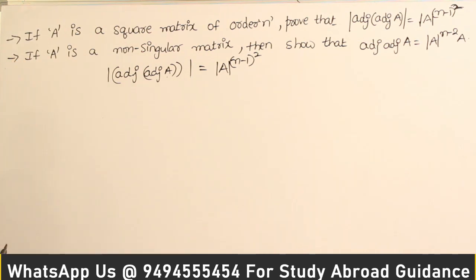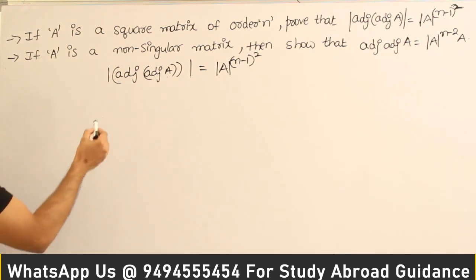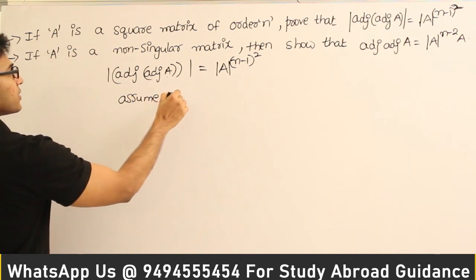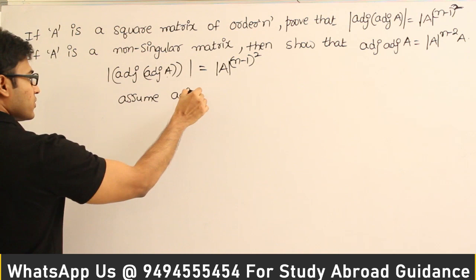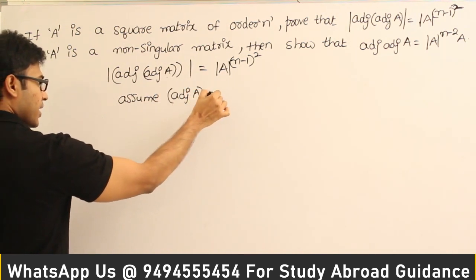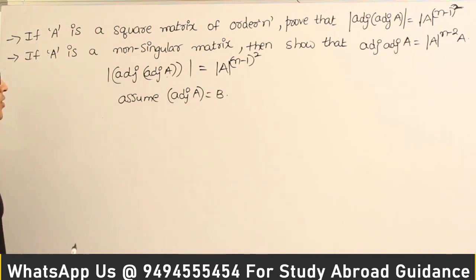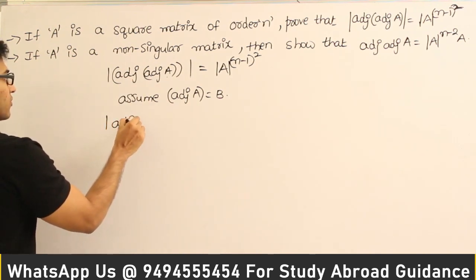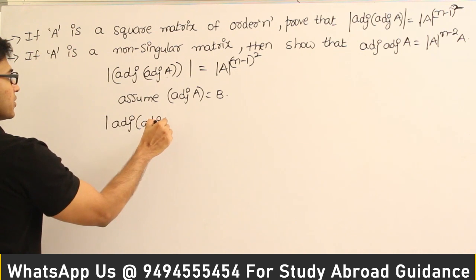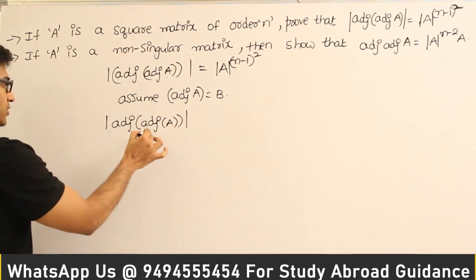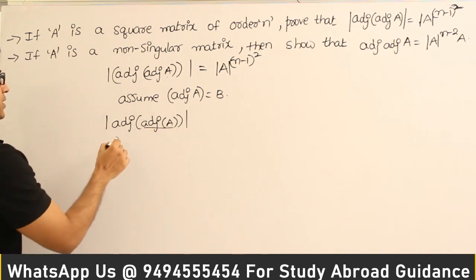So how to solve it: let us assume that adjoint of A is a new matrix called B. Now in place of adjoint of A, I am going to substitute B. I'll take the LHS, which is adjoint of adjoint of A, and in place of adjoint of A, I substitute B. Then what do I get?